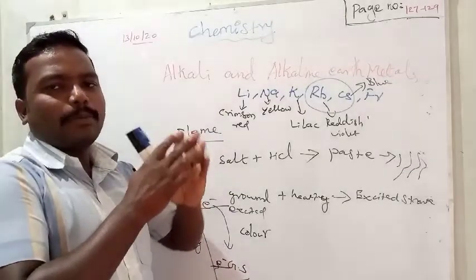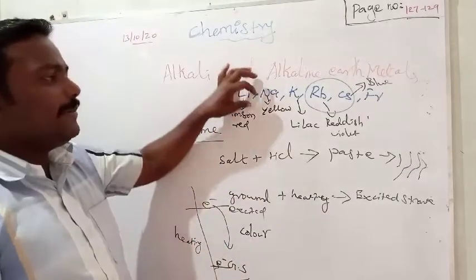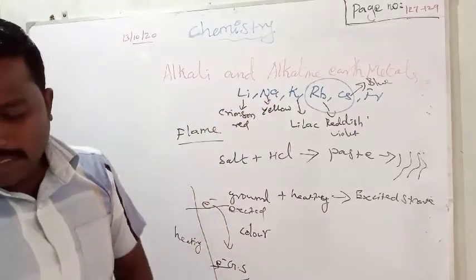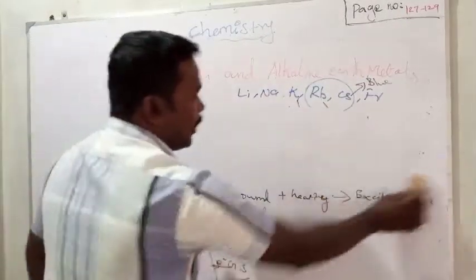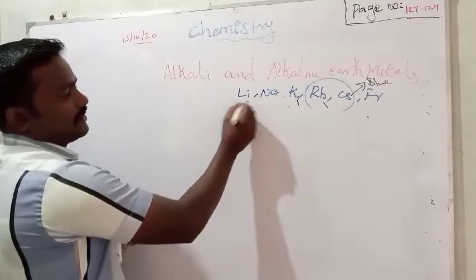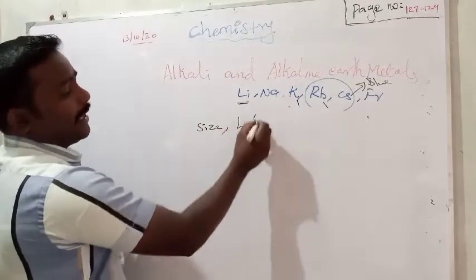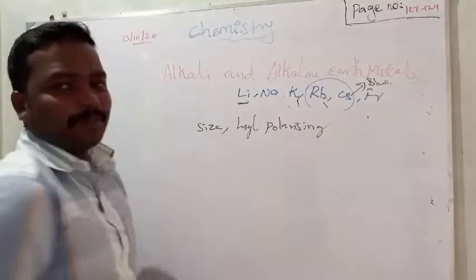Now there are two important characters, or uniqueness, of lithium. See, we have studied the first group elements. In the first group, lithium has some unique character. So what are the unique characters of lithium compared with other elements? If you compare all the others, lithium has the smallest size. Lithium has smaller size and high polarizing power. What do you mean by polarizing power?